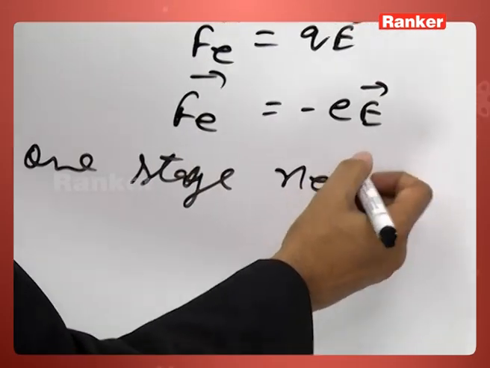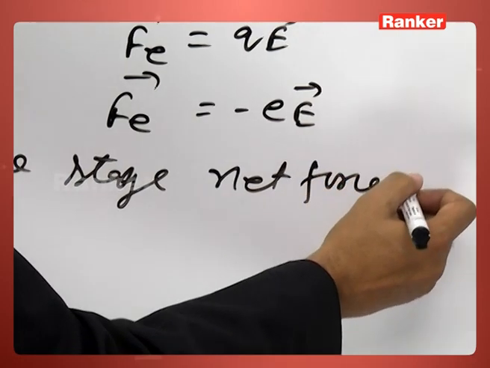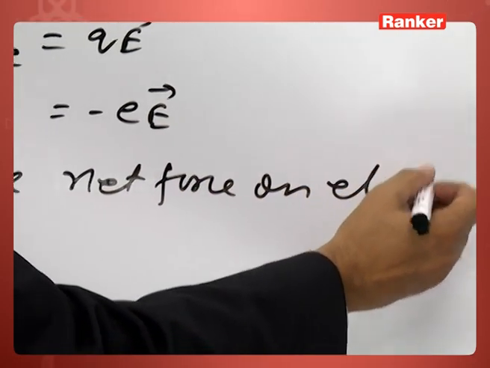So at one stage, the net force on the electron will be zero.